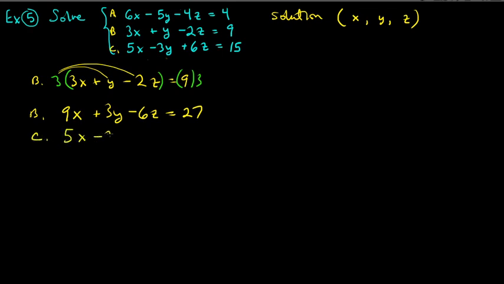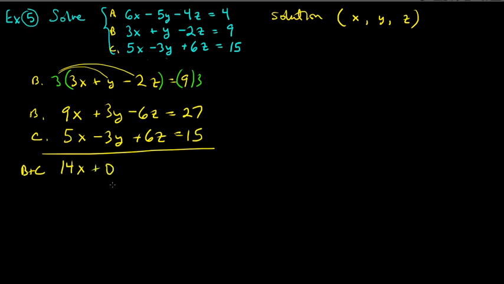So this is 5x minus 3y plus 6z equals 15. Okay, so let's add B plus C. We get 9x plus 5x, that's 14x. 3y minus 3y is 0, so that's good. And -6z plus 6z, hey, that's also 0.